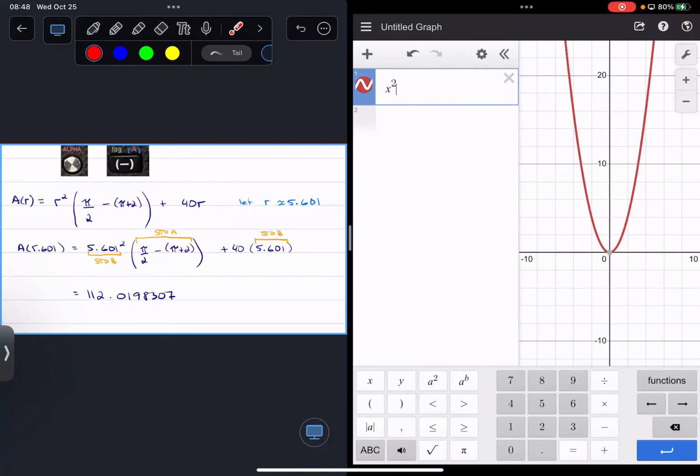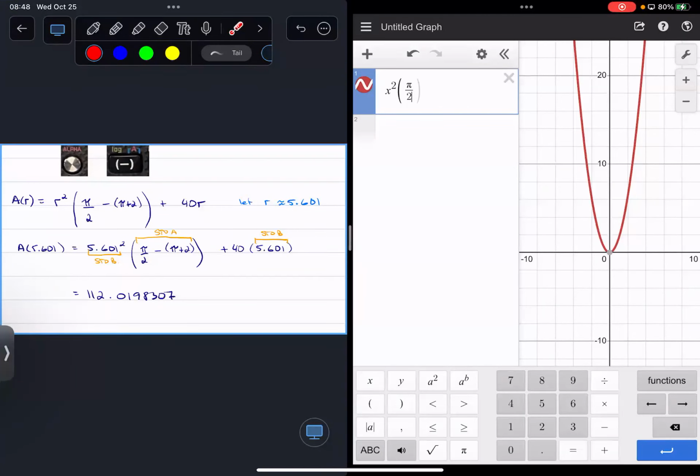I'm going to copy it in exactly like I have it. X squared times pi divided by 2. Minus bracket pi plus 2 end bracket plus 40x.